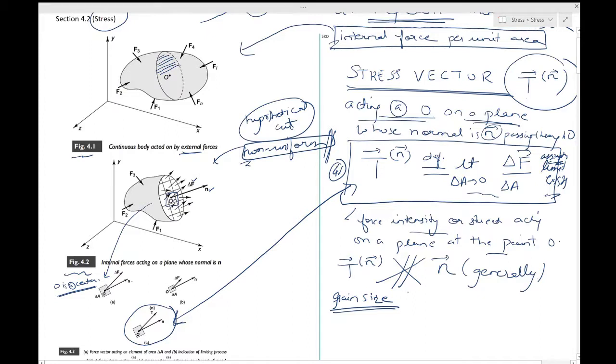So the idea is that delta A must be large with respect to the grain size, and you will also learn in that course how to measure the grain size. If you have this solid, these will all be your grains. So this is one of your grains, and then you can have an average grain size. The delta A must be larger than that.